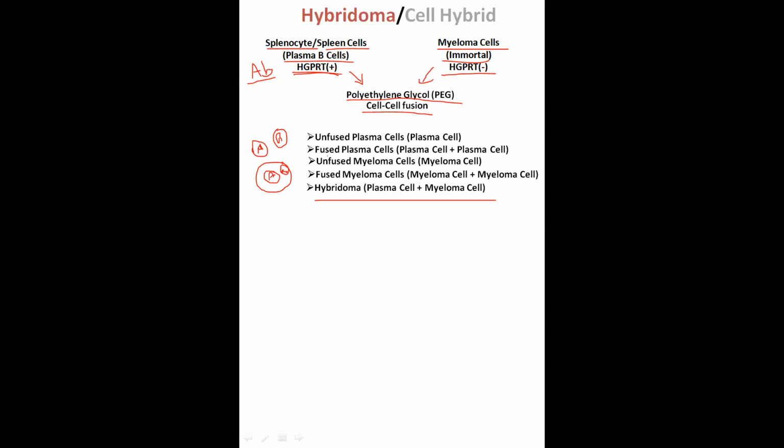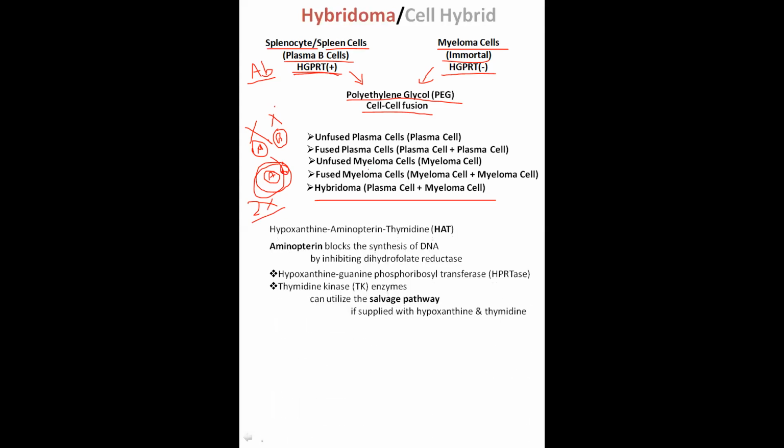Suppose x is the amount of DNA present in this cell, and another x amount is present in the other cell. So in the fused cells we have 2x amount of the genetic material, or DNA. So these are the five types of scenario.